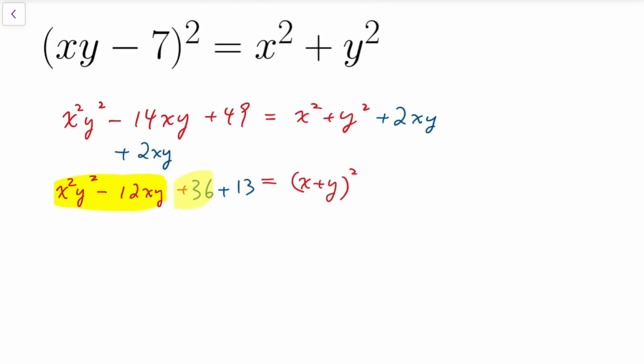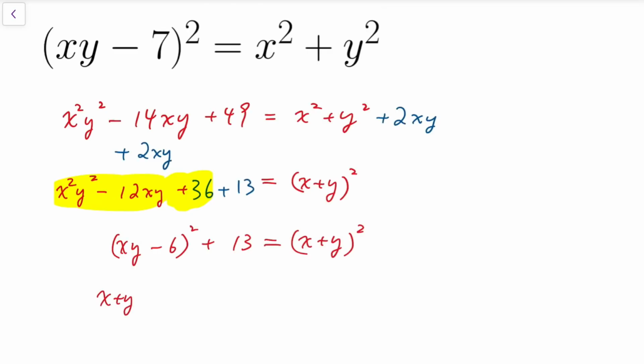Then I can include the plus 36 with the first two terms. So then I have (xy - 6)² + 13 = (x + y)².